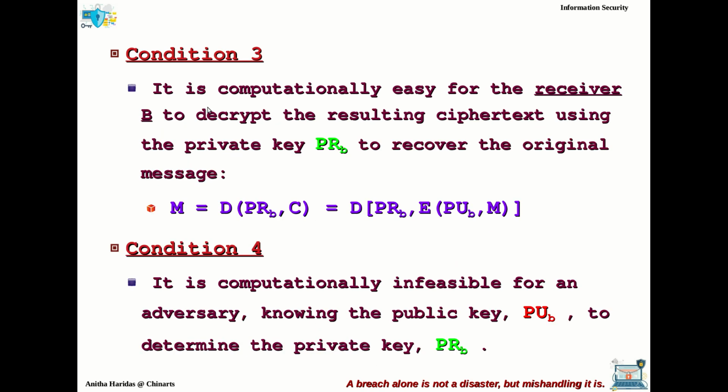Then condition 3 says the decryption must be easy. So if you have the private key, then with the ciphertext you must be able to easily decrypt it to get the original message. And condition 4 says if the public key is known, the adversary cannot determine the private key. So it must be infeasible here.